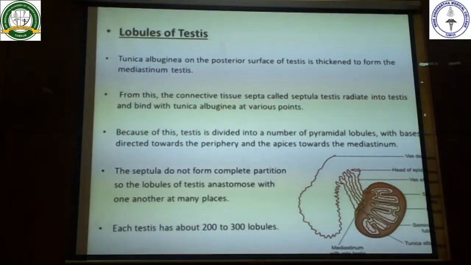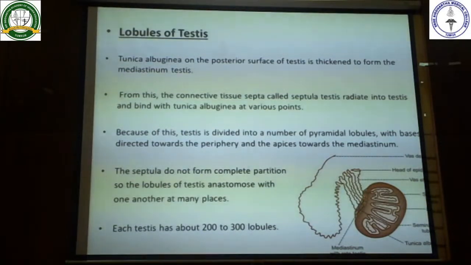Now what is the tunica albuginea doing in the posterior surface? In the posterior surface of the testis, the tunica albuginea is thickened to form the mediastinum testis. You all remember the rete testis is present in this mediastinum.